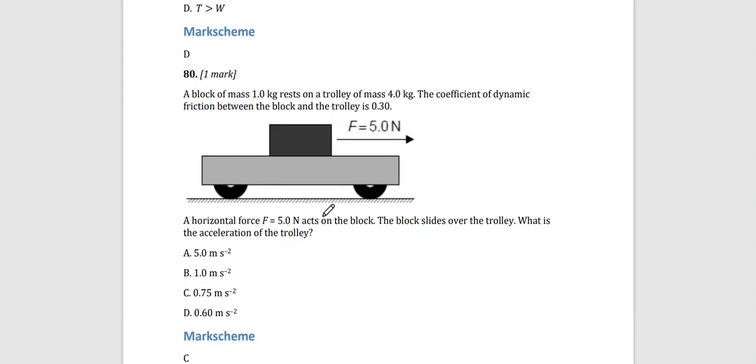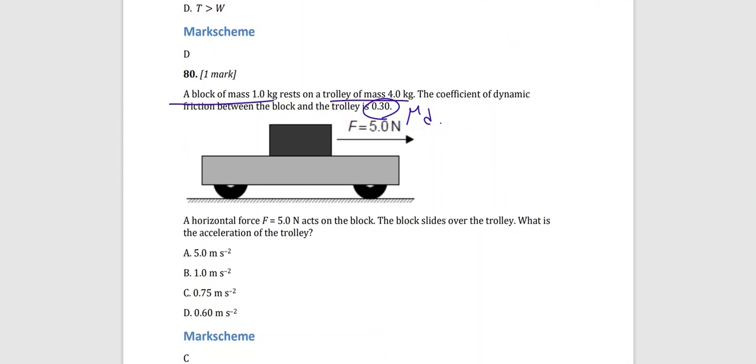You have a block of mass 1 kilogram resting on a trolley. The trolley has mass 4 kilogram. So this is the mass of the block and the mass of the trolley. The coefficient of dynamic friction between the block and the trolley is mu d, or mu k, kinetic friction.